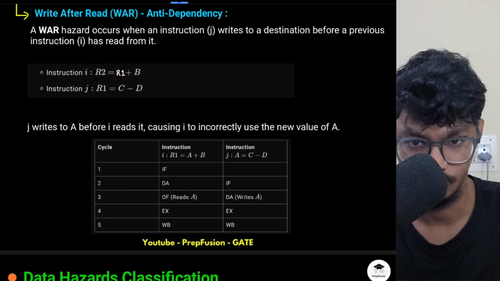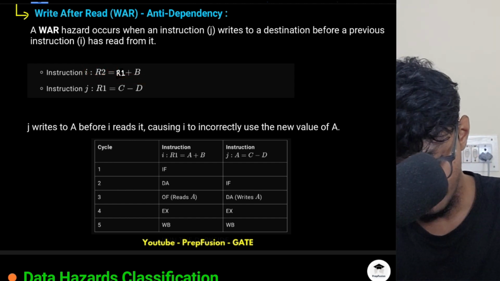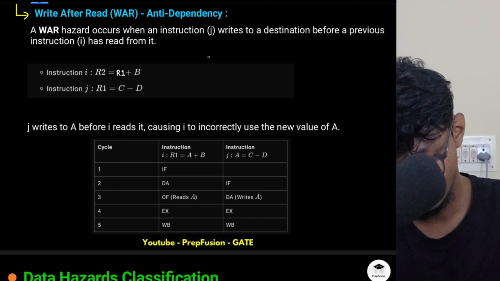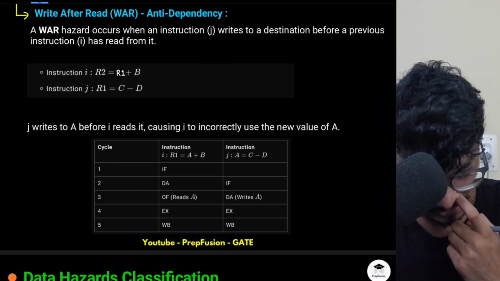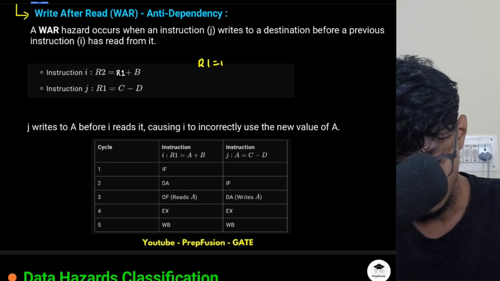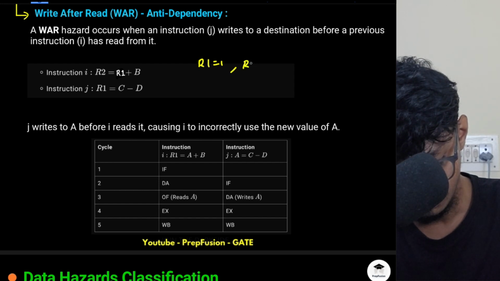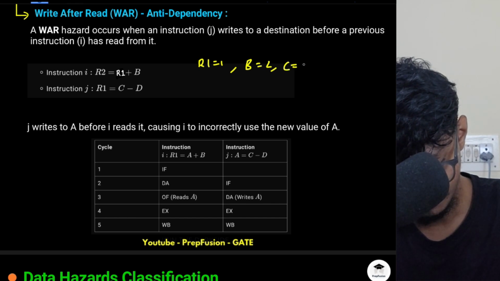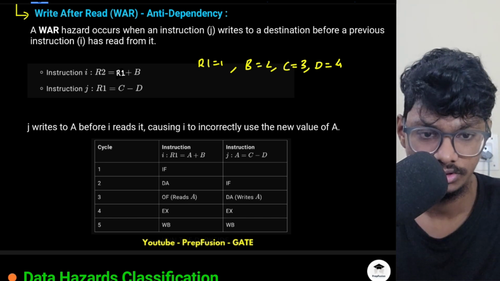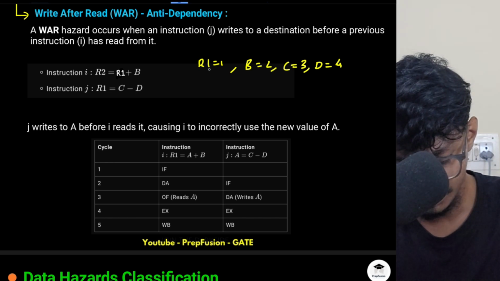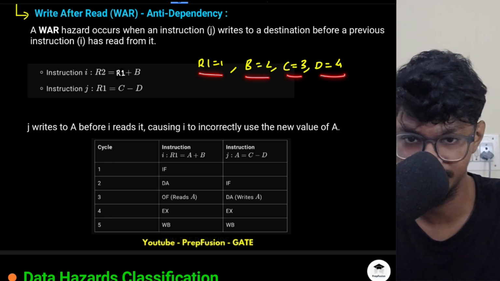Let's take the same example. R1 is 1, B is 2, C is 3, D is 4. So R1 is 1, B is 2, C is 3, D is 4.